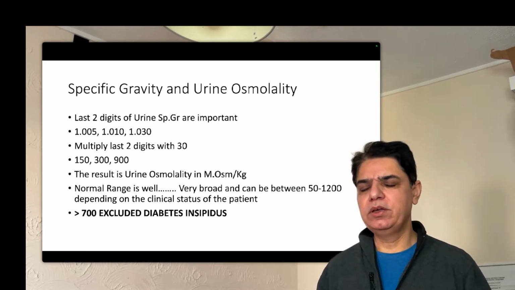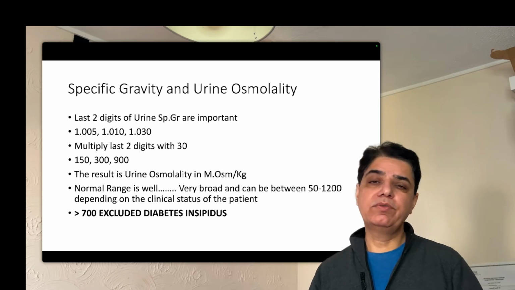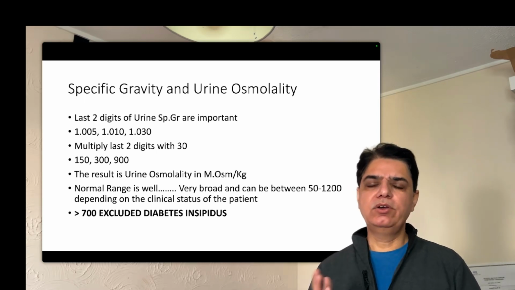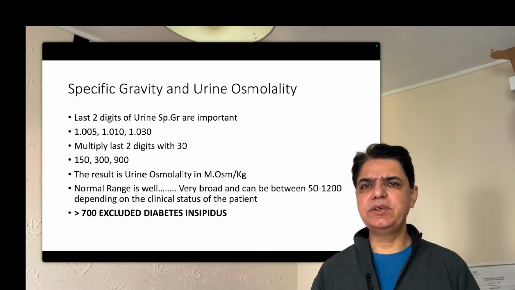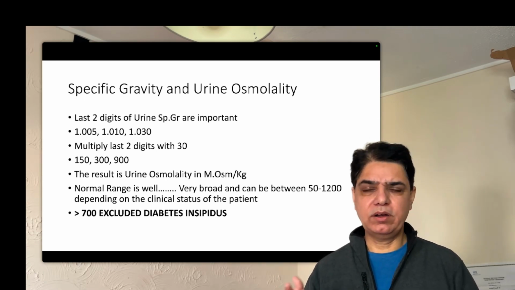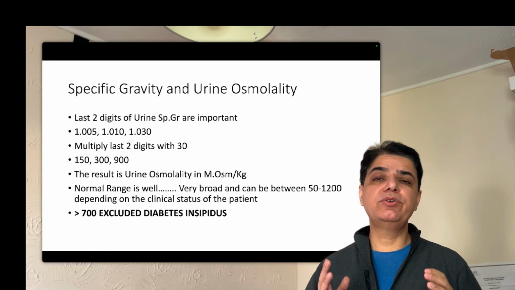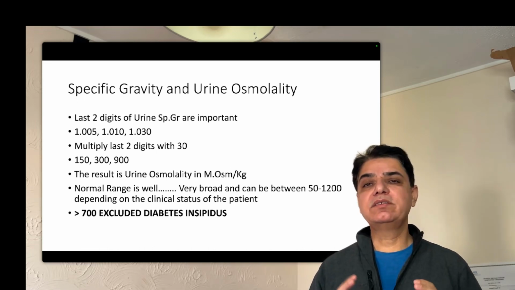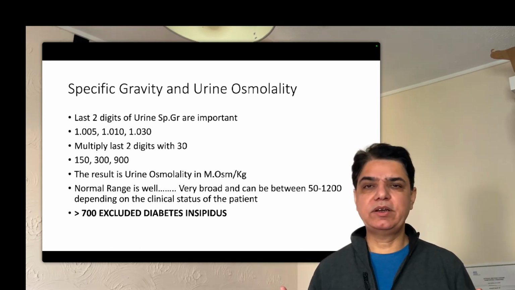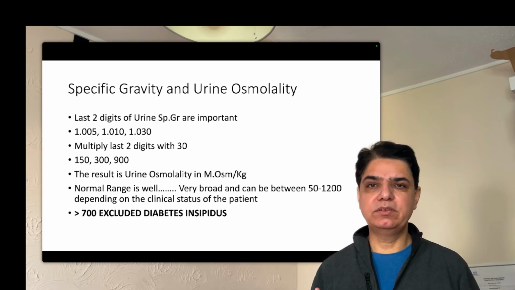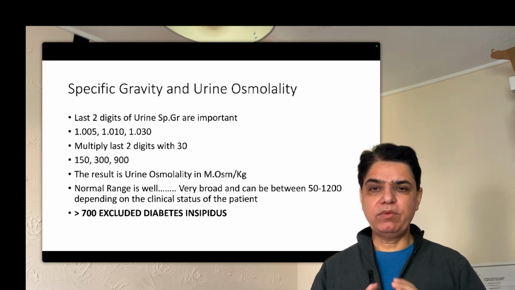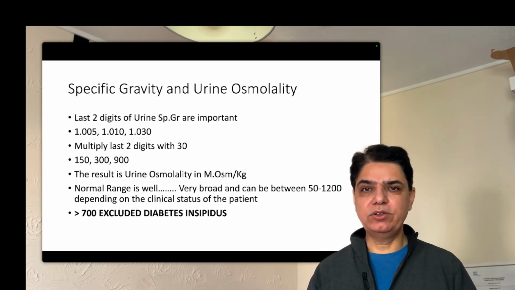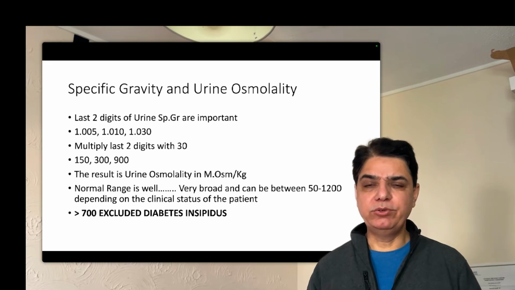Again, there could be a lot of differentials for high urine osmolality and low urine osmolality. In diabetes insipidus, there are tests which are done, and urine osmolality greater than 700 excludes diabetes insipidus, because in diabetes insipidus, remember, the osmolality never goes above 700. The urine is always very, very diluted.